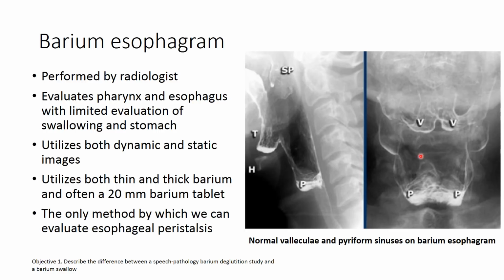But we can see then if there's any irregularity or mass within the valleculae or piriform sinuses that we may then, or we will need then, to have someone take a look at it with endoscopy. Our primary evaluation is of the esophagus itself, and the radiologist can observe in real time the peristalsis of a bolus of contrast as it's propelled down the esophagus into the stomach.